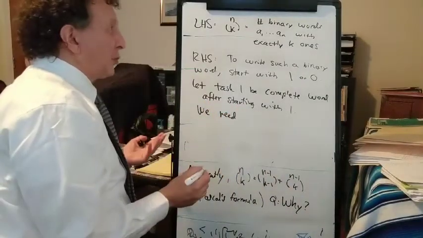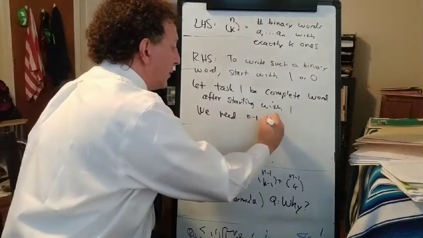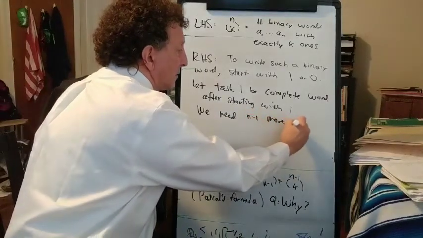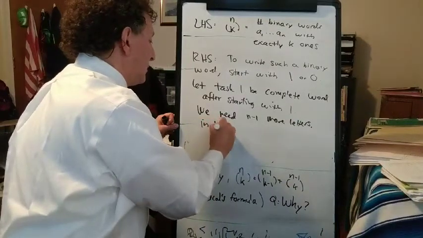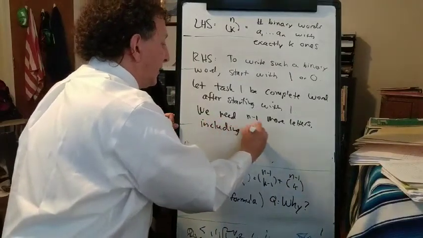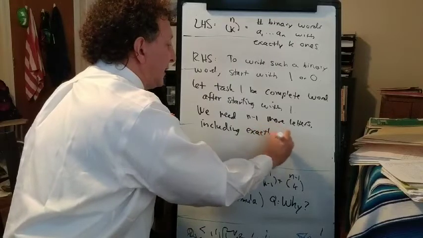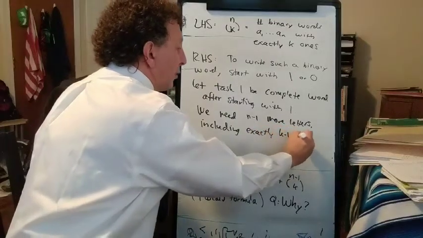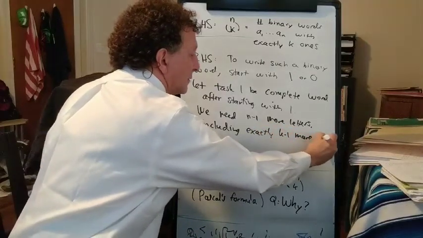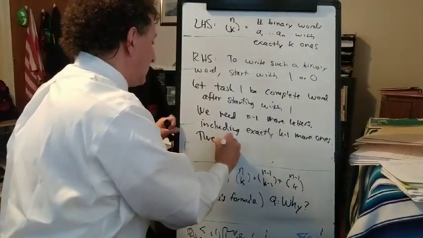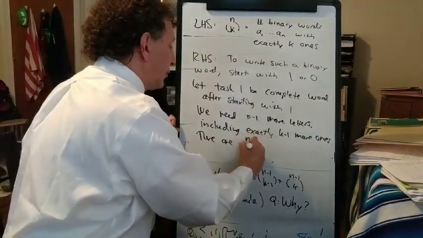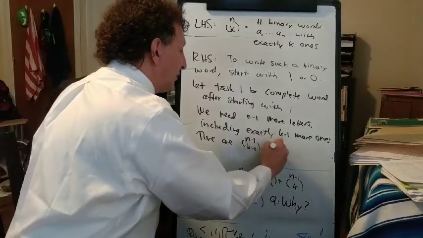So we need n minus 1 more letters, including exactly k minus 1 more ones. So there's n minus 1 choose k minus 1 ways to do this.